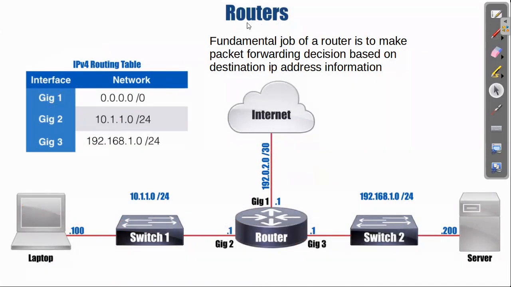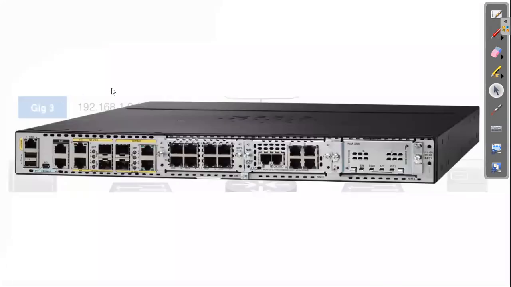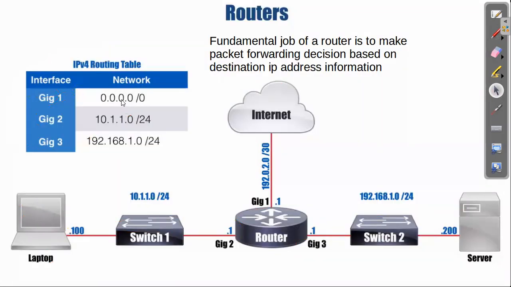Okay, guys. So the routers, the fundamental job of a router is to make packet forwarding decisions based on destination IP address information. Here in the router, there will be a routing table. It has the details of the interface and the associated network. Gig 1 is associated with 0.0.0.0.